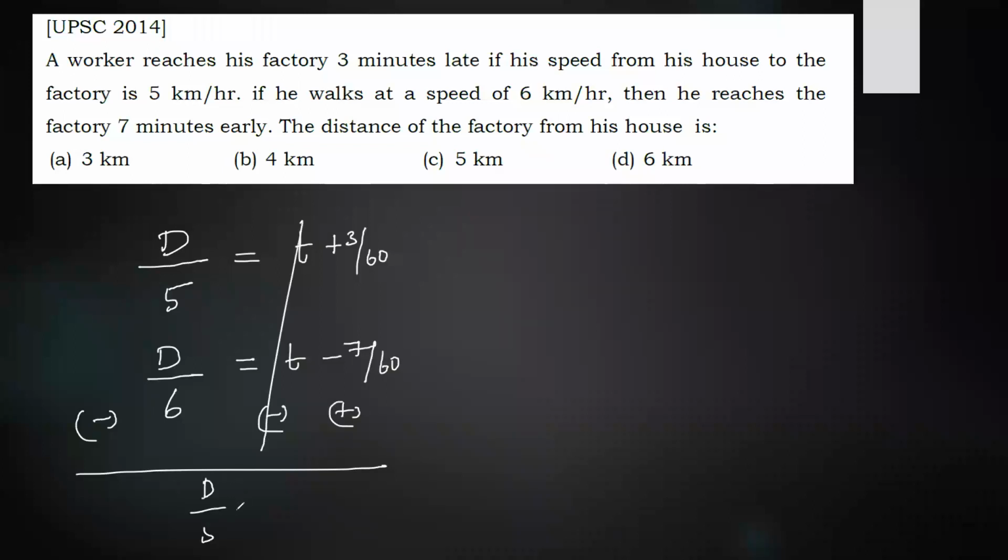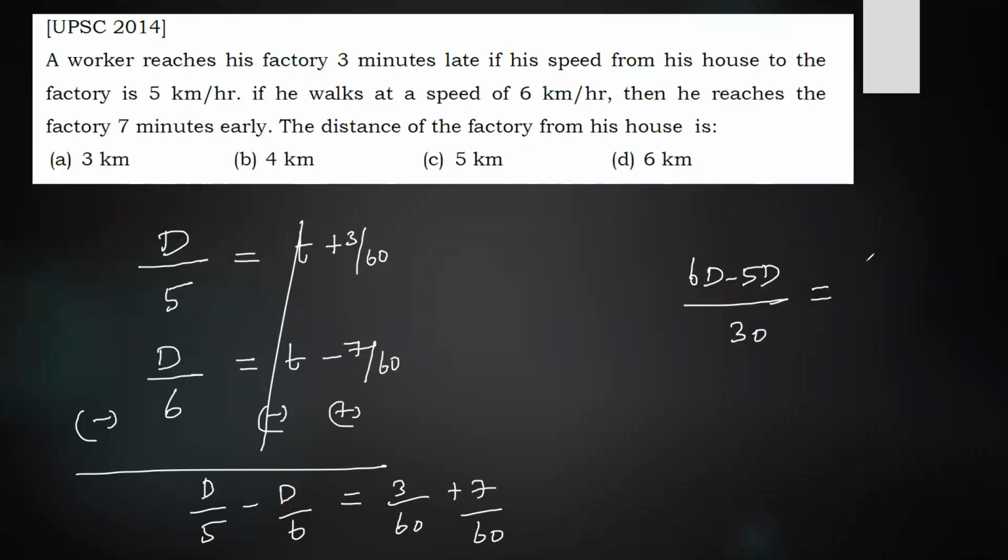So you will get d by 5 minus d by 6 equals 3 by 60 plus 7 by 60. If you take LCM, you will get (6d minus 5d) by 30 equals 10 by 60, as the denominators are the same. Just cross multiply. So d equals 10 by 60 into 30, which is 10 by 2, so you will get 5.